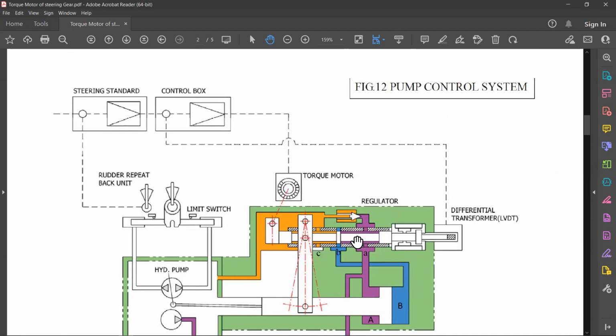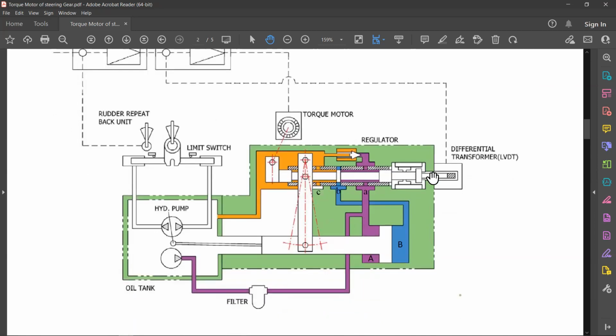So this control happens before the actual rudder angle is achieved. Whatever maximum angle you want, either port or starboard, up to the maximum angle which is possible, until this angle is achieved, the torque motor will keep on operating and keep on moving this differential transformer.